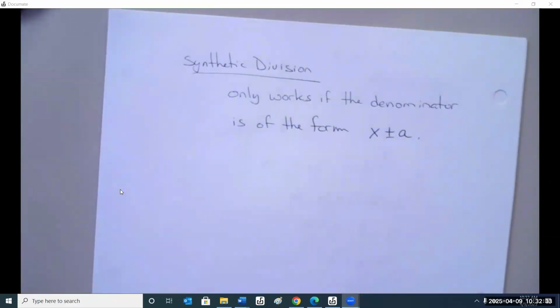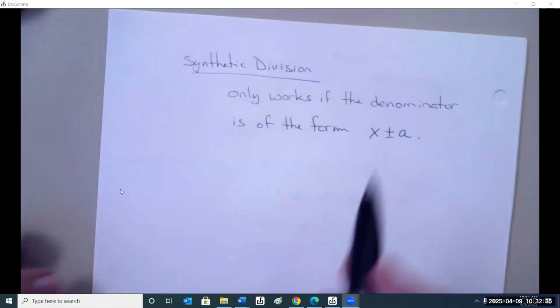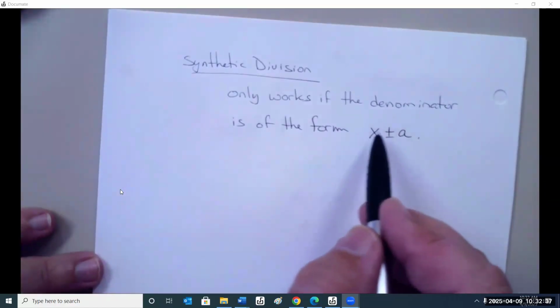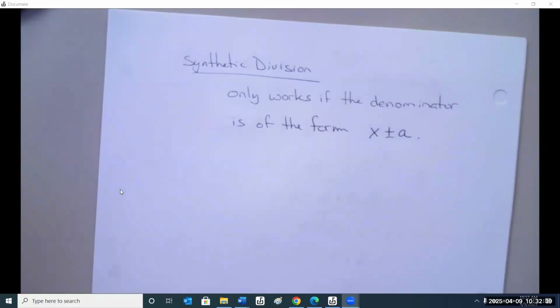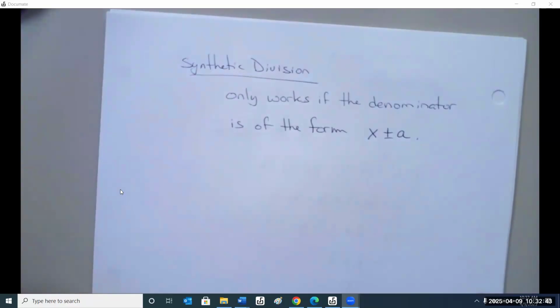It's got to be a linear equation. X cannot have any powers. It can't be negative. Can't have a coefficient. So if that's the case, synthetic division is this way.